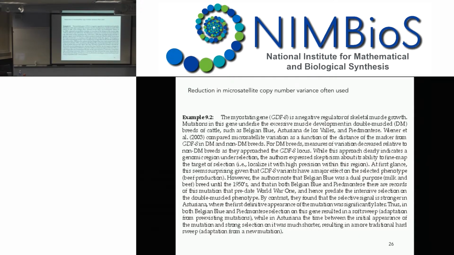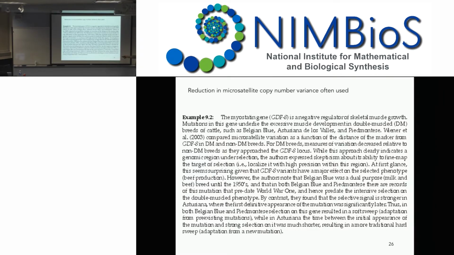What they also noticed, though, was that in Belgian Blue and Piedmontese there was not as much reduction, whereas in this breed here there was a tremendous reduction. The authors noted that until the 1950s, the other two breeds were dual purpose, both milk and meat.